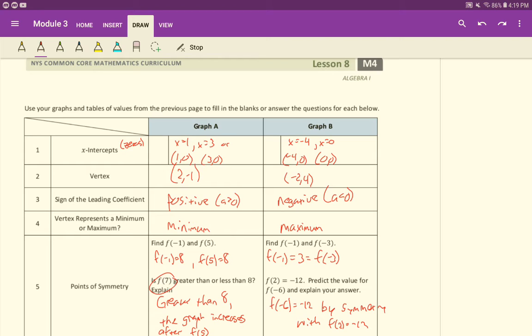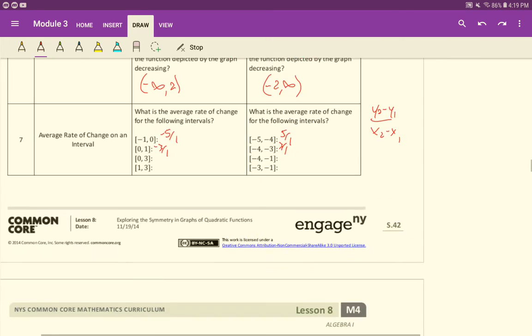So, how are the x-coordinates for the x-intercepts related to the x-coordinate for the vertex? -4 and 0, the -2 there. The x-coordinate for the vertex is in the middle of the x-coordinates for the zeros. It's the midpoint.